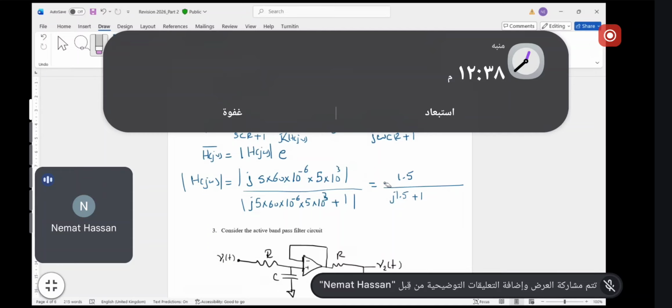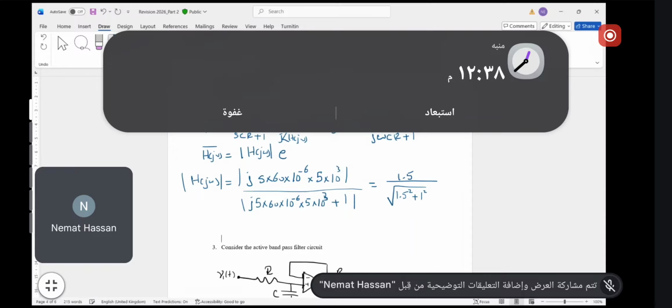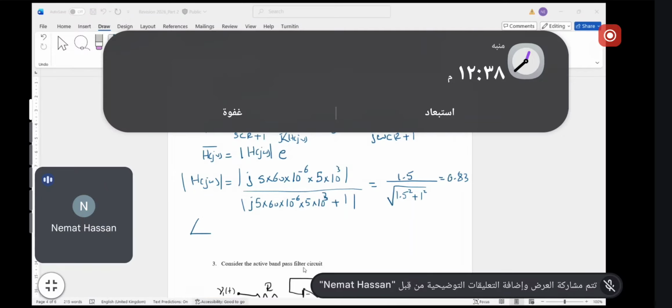And then the magnitude will be the square root of the imaginary squared plus the real squared. Correct? Then you can calculate it, can you please confirm it? 0.83. And then we can find the phase angle.